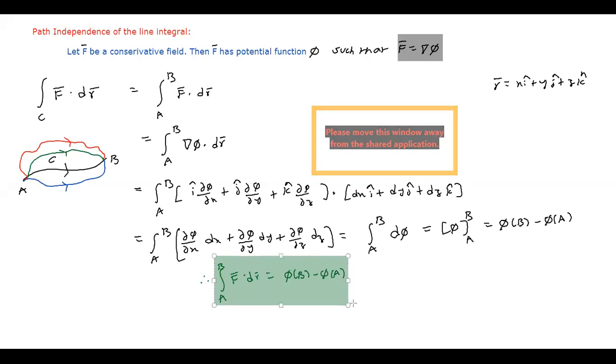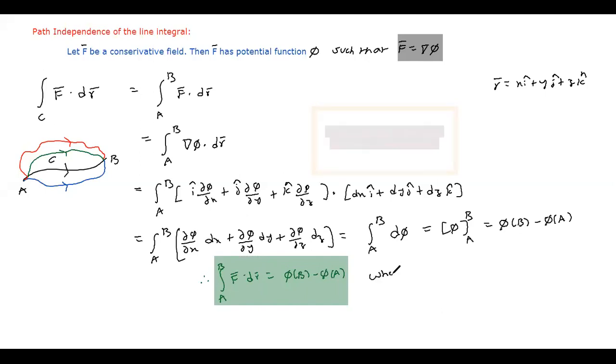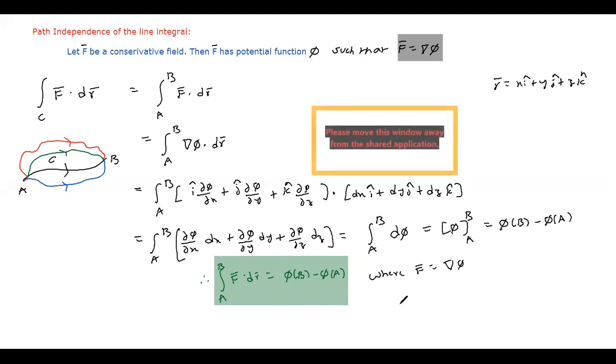What is the relation between phi and F? F bar equals del phi. Is that okay? Now, what is the special case of this? Note.